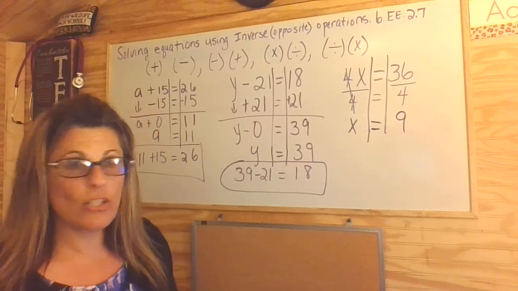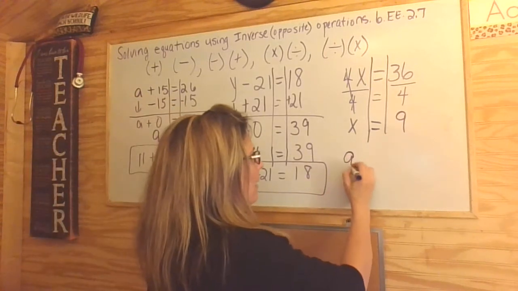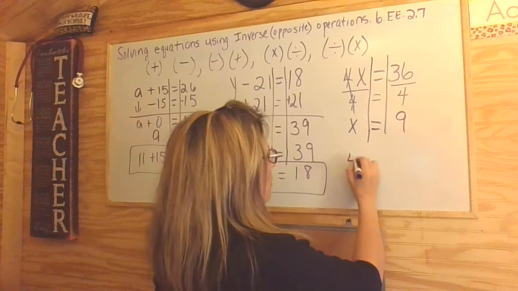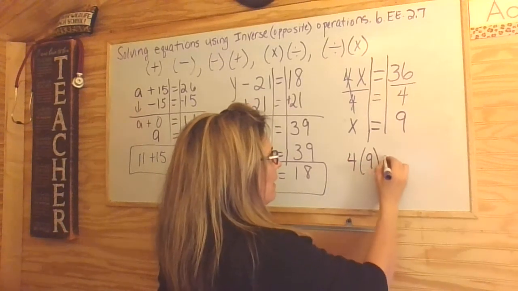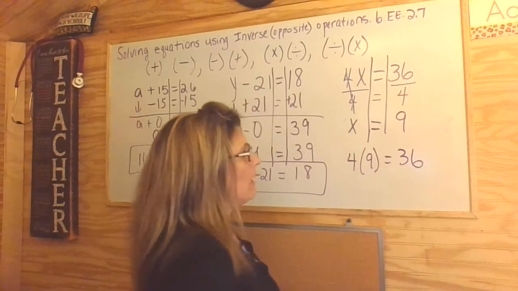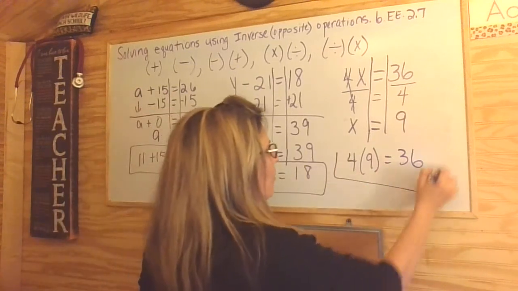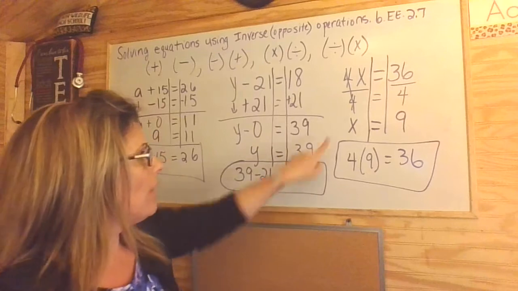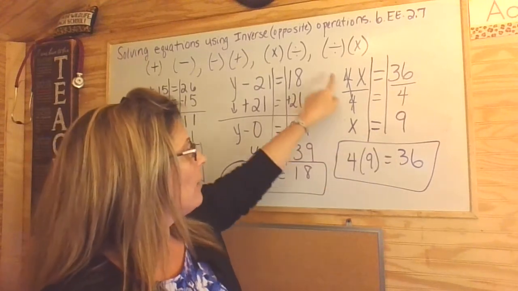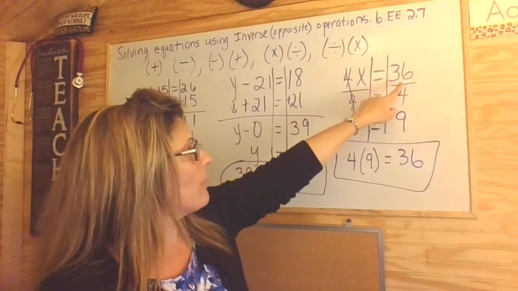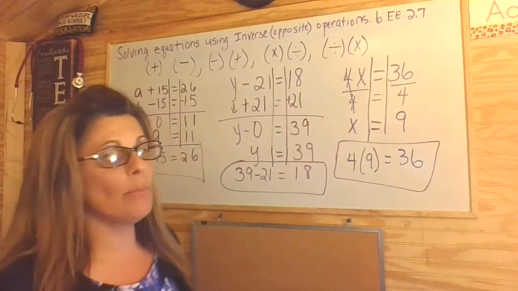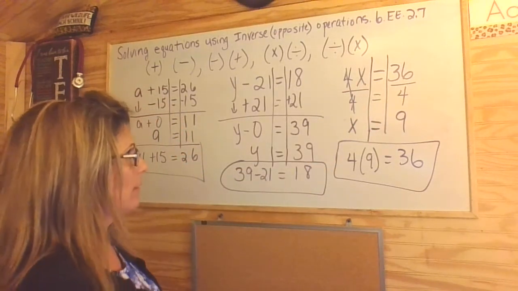And to double check my work, basically what I am saying is 4 times 9 equals 36. And yes, 4 times 9 does equal 36, so my variable x equals 9.